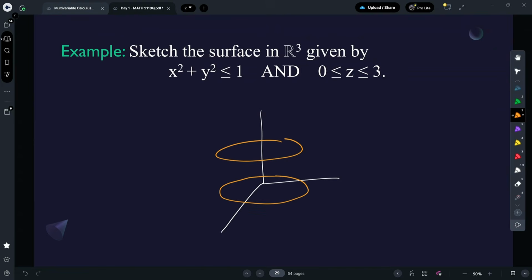But when z is 0 and x squared plus y squared is less or equal to 1, those are any point that has radius from 0 to 1. So it's actually the filled-in circle. It's not just the circumference of the circle, it's the filled-in circle. When z is 3, I also have a filled-in circle and anything in between.